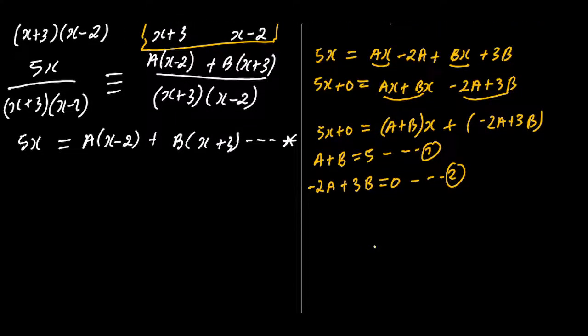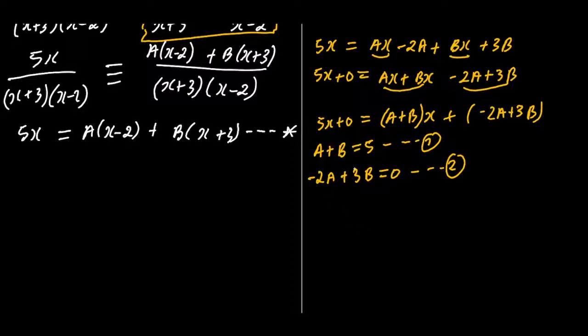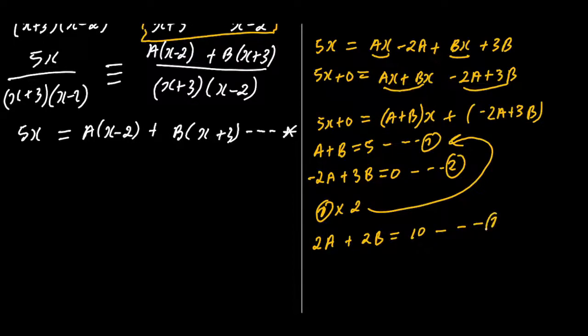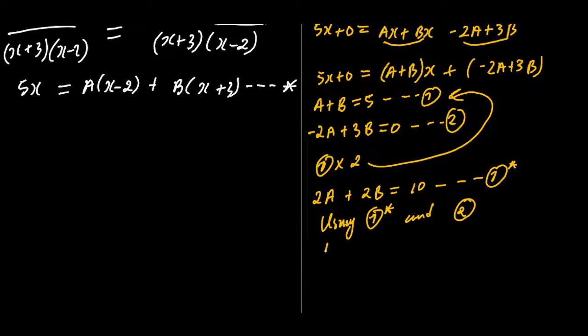So what's the first thing we need to do? For elimination, we're going to take our equation 1 times 2. It means that equation 1 becomes 2A plus 2B equal to 10. So this is our equation 1 star. We're going to use equation 1 star with equation 2. We take equation 1 star plus equation 2.